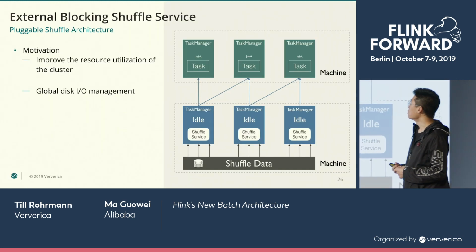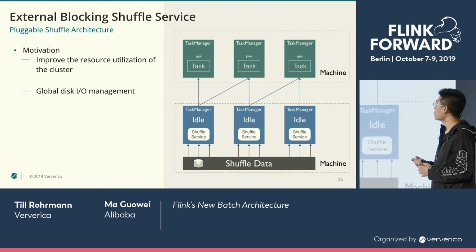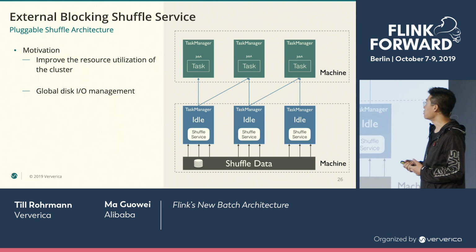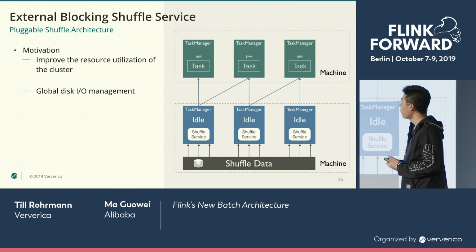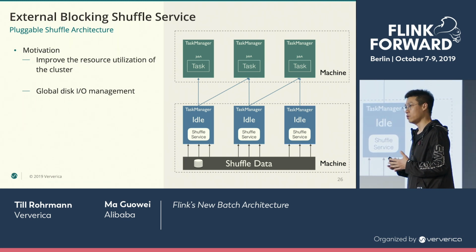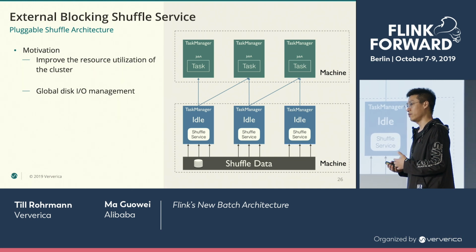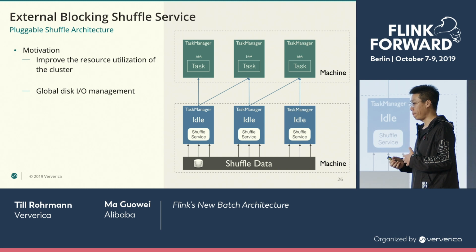Okay. After the scheduling, I will introduce the external blocking shuffle service. Why do we need this external blocking shuffle service? There are two reasons. The first reason is that the task manager cannot be released by the resource manager, even if there are no tasks in it.